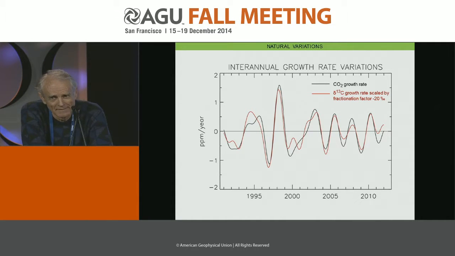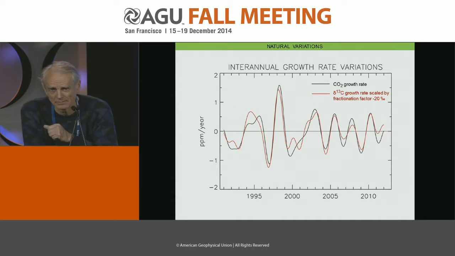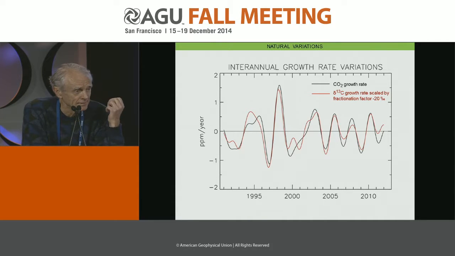So once we have gotten rid of our confusion about how C13 works, we can see that the interannual variability of the carbon cycle, as seen in the atmosphere, is also almost primarily driven by the terrestrial biosphere.